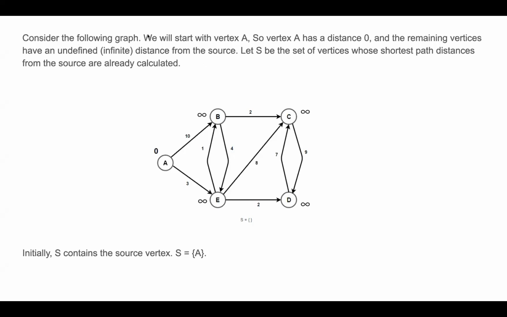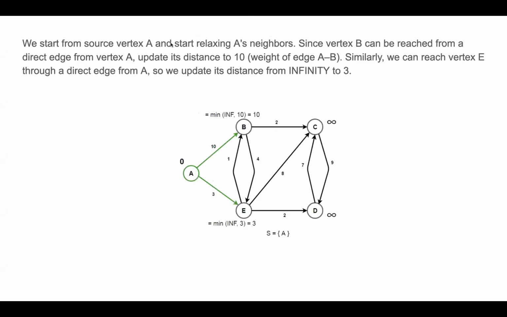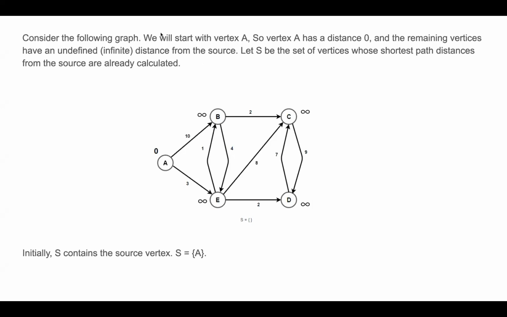Consider the following graph. We will start with vertex A. So vertex A has distance 0 and the remaining vertices have undefined, infinite distance from the source. Let S be the set of vertices whose shortest path distances from the source are already calculated.